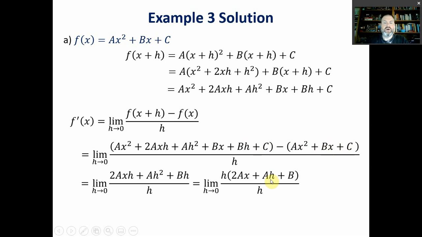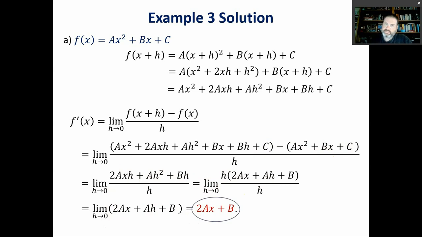All those things go away, and we're left with this expression. All these have an h in them, so factor out the h, and then cancel the h. That leaves you with this. And of course, once that h is out of the denominator, you can plug in 0, and you get this. So this version, circle your answers.